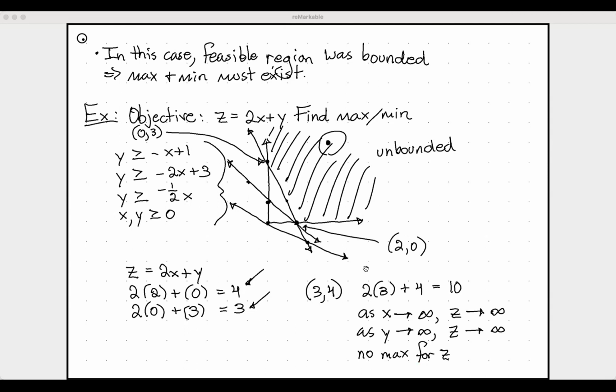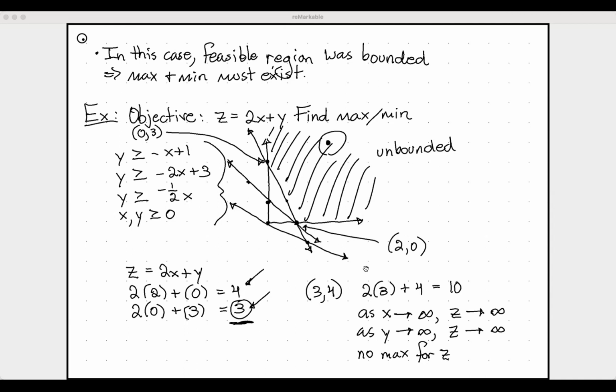Now, a minimum value looks like it might exist because I am sort of constrained about how far down I can go and how far to the left I can go. So we would assume that 3 is the minimum value, and that is true if you were to try to check other points, right? If a max or a min does exist, it has to be one of the corner points. This is the smallest one, so it's got to be this one. We know a minimum exists because we are constrained in sort of the downward direction.